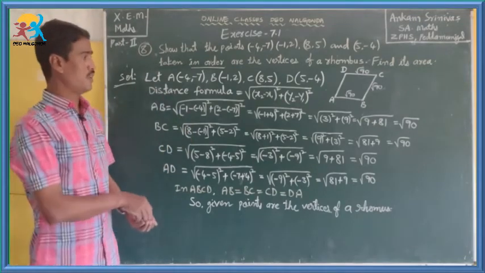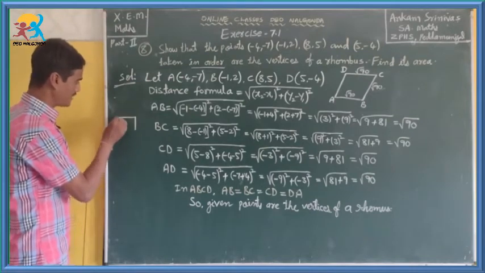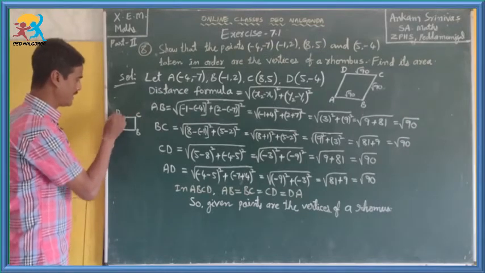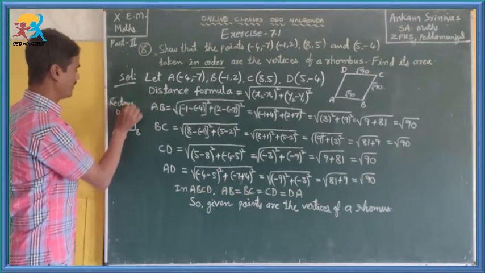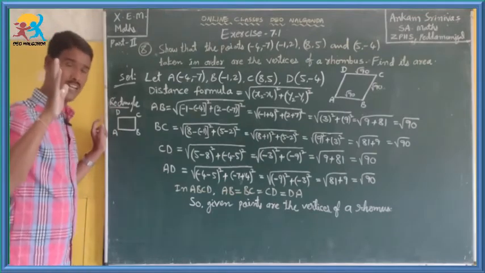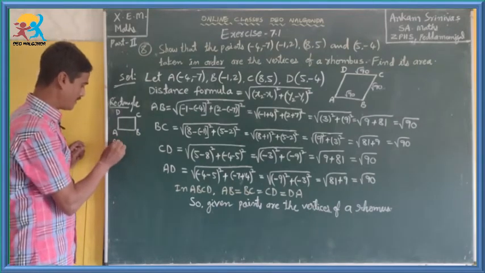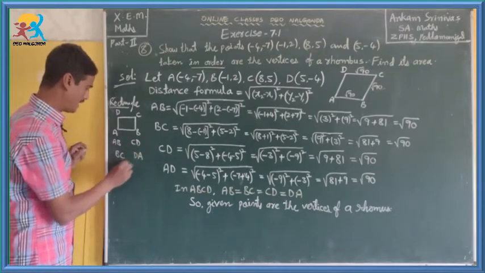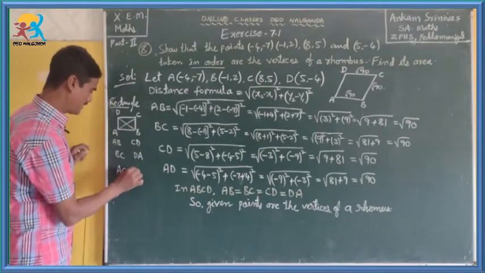In the same way, if we ask the question, show that given vertices are a rectangle. To prove the rectangle, suppose this is a rectangle A, B, C, D. We have to find the length of the sides: AB, BC, CD, DA and diagonal AC, diagonal BD.